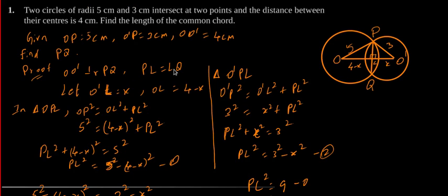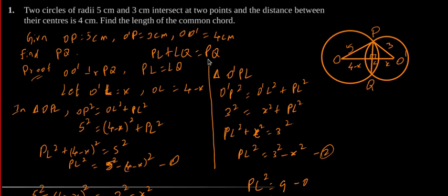We know very well that PL equals LQ. PL equals LQ. Why? Because O dash L is the line joining the centers of the circles, and it is the perpendicular bisector of the common chord. So PL equals LQ, as well as PL plus LQ equals PQ.